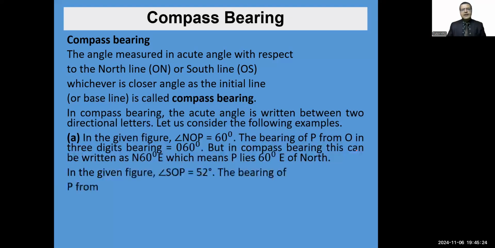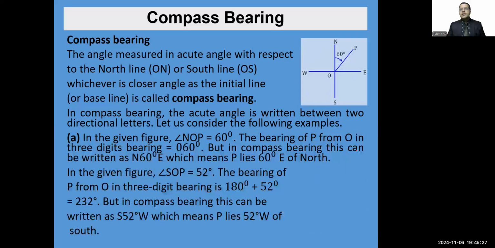Let's see an example. In the figure, the point P is closer to the north line than the south line. It means the angle formed by this line OP with the north line is smaller than the angle formed by this line with the south line.